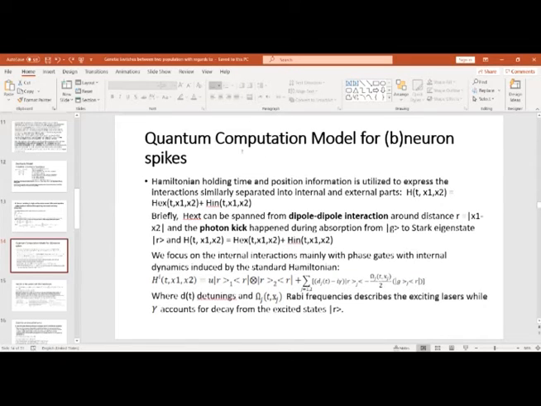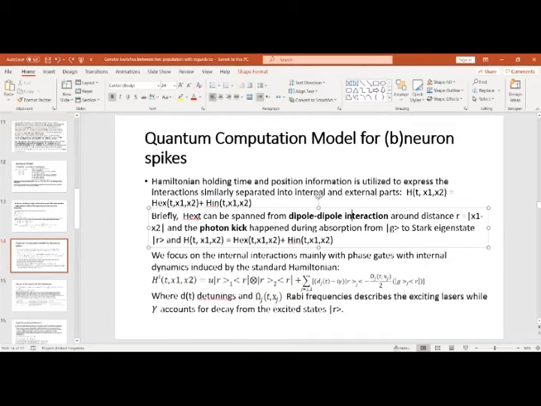So for the quantum computation here, basically all computation is based on the Hamiltonian as well. If completely computed, there needs to be the external and internal interactions.